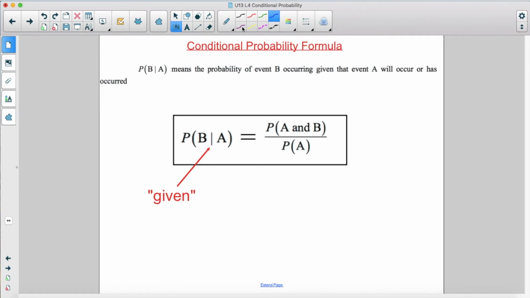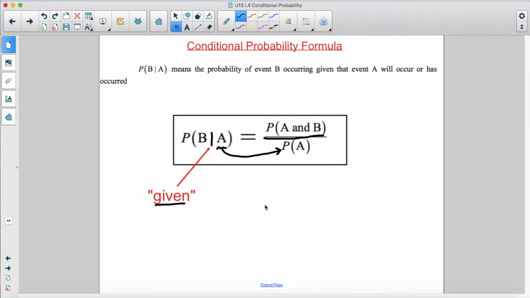So conditional probability also has a formula. Okay? Now this line here, we read that as given. So this would read the probability of B given A. And to find it, you have the probability of A and B over the probability of A. Notice the A is the given. That's why it's in the denominator, because it shows the reduced sample space.